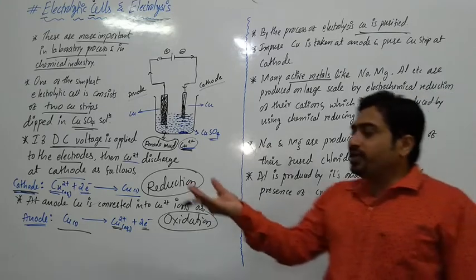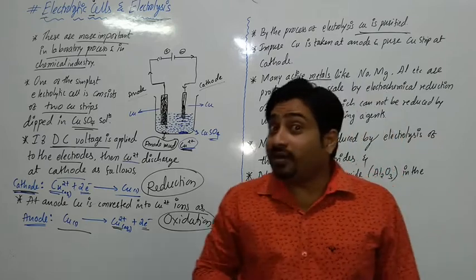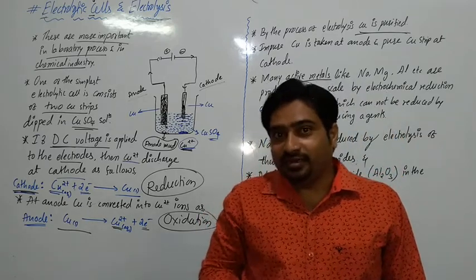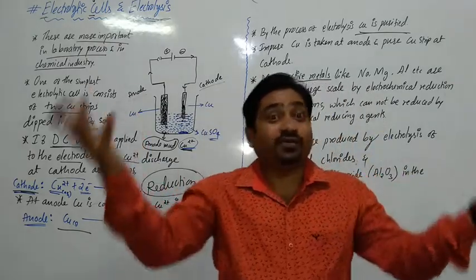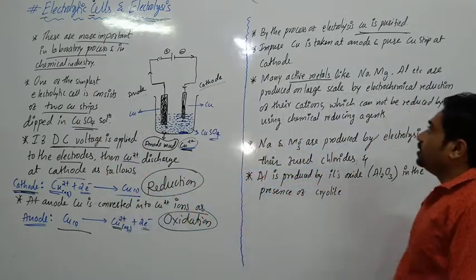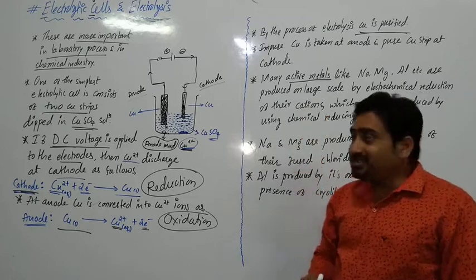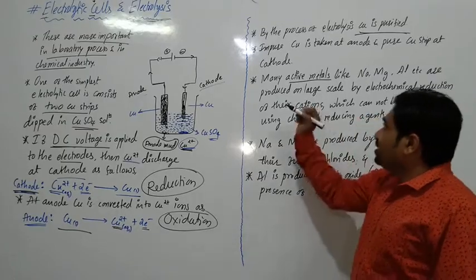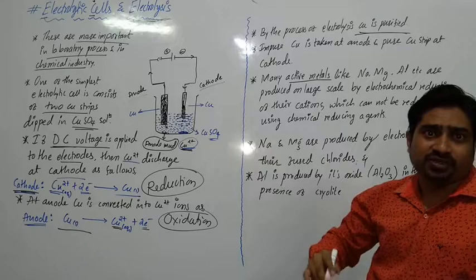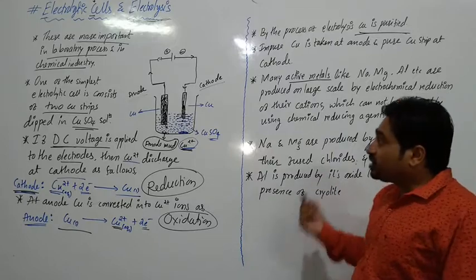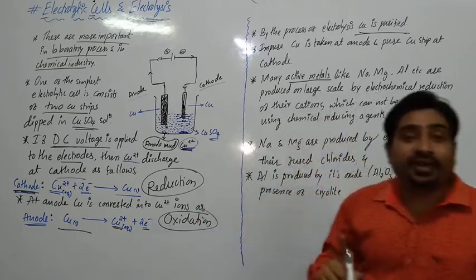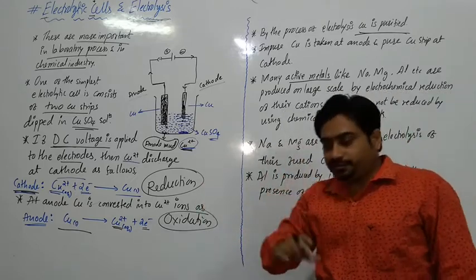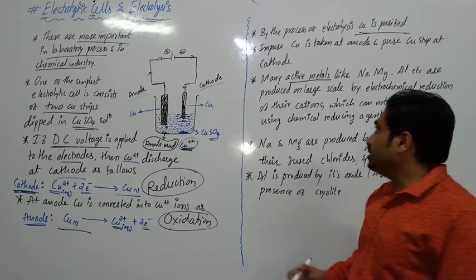Because if you keep sodium in open air, there will be a blast. So active metals like sodium, potassium, magnesium, aluminium can be prepared only by this method. They cannot be prepared by the normal or classical processes, isn't it?